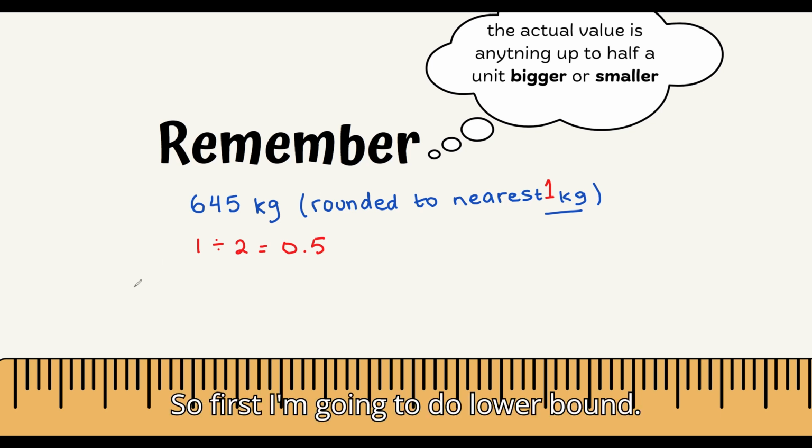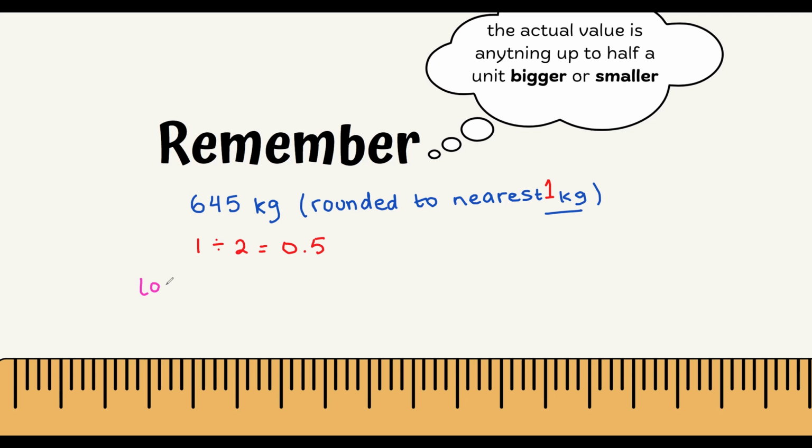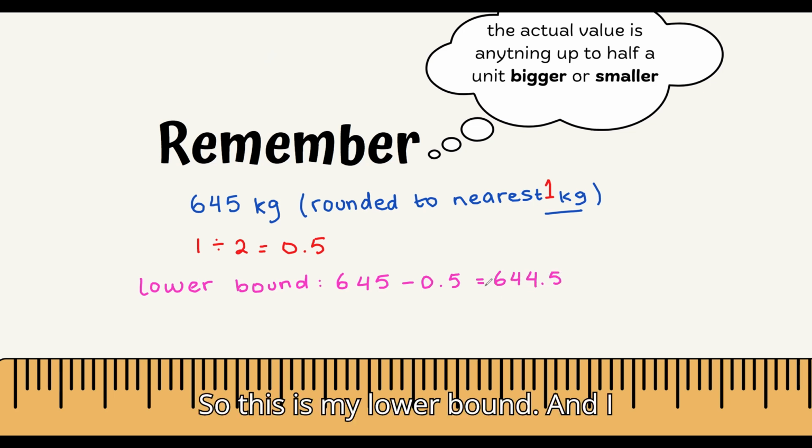First I'm going to do the lower bound. For the lower bound, I have to subtract 0.5 from 645, and this gives me 644.5. So this is my lower bound.